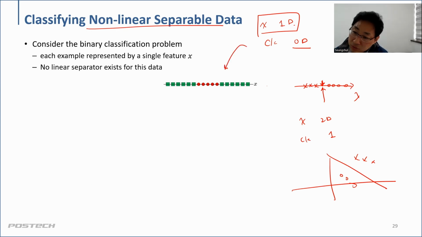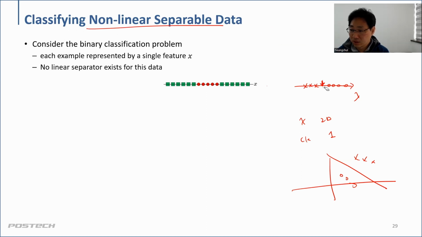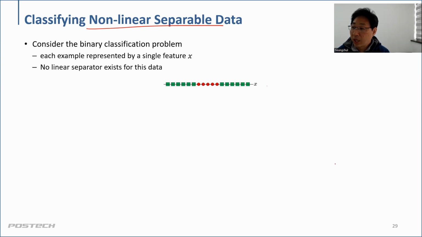Going back to this problem, as you can see, we need two thresholds or points. That means nonlinear classifiers for one-dimensional space. So this is a nonlinear classification problem. For linear classifiers, we are not able to find a solution. We are not able to utilize what we learned, like the perceptron and SVM.